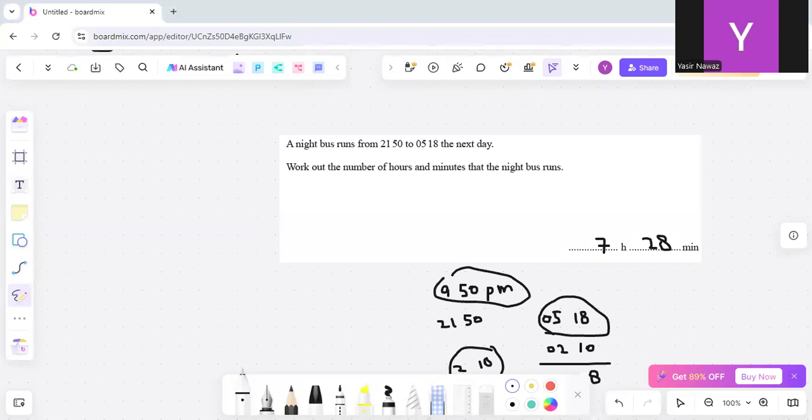Next question is related to multiples of 11.